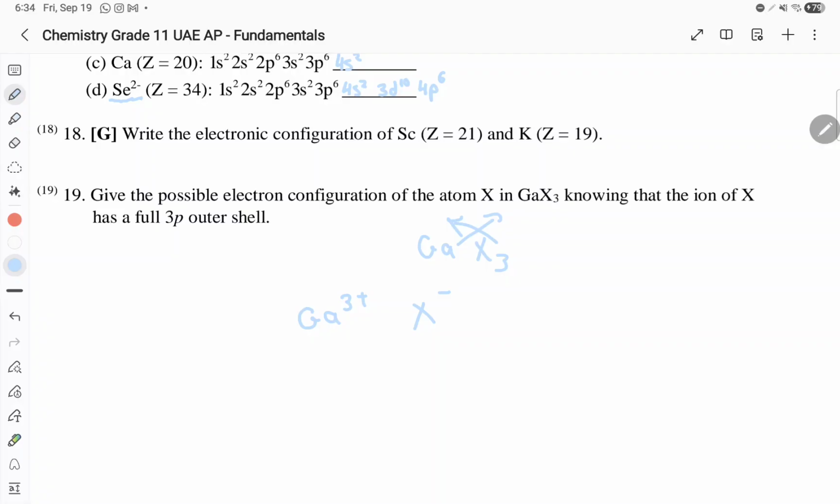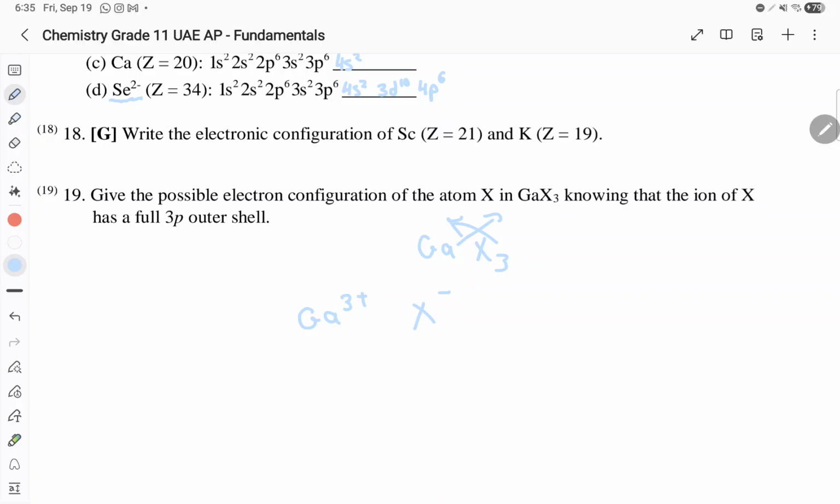It's group 7. So if it's in group 7, it must end with 7 electrons in its last orbital.